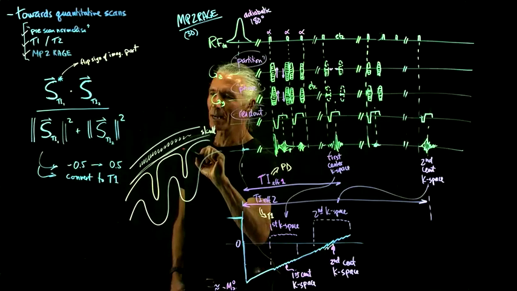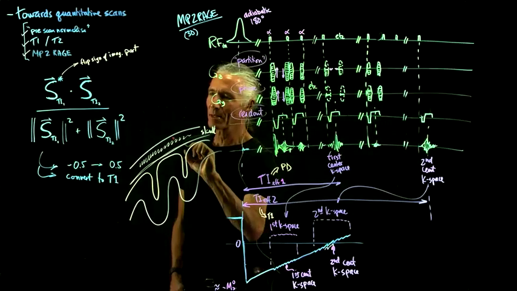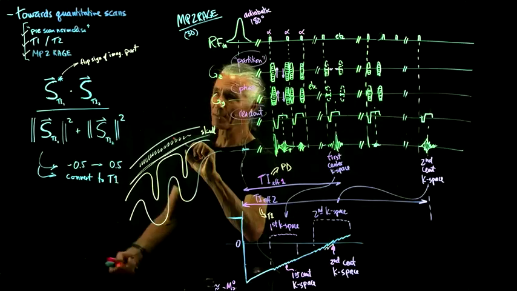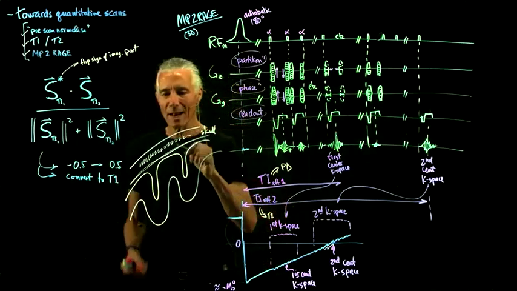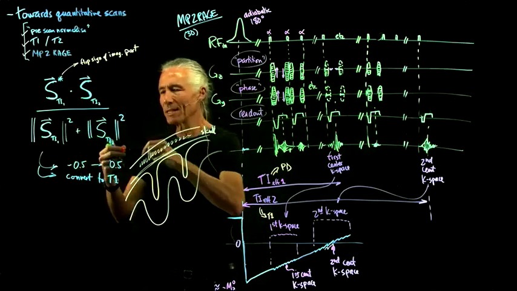It has long T2 values, so it ends up in a T1 weighted scan being black. There's a big signal coming out of the CSF, but the skull signal decayed away before I got a chance to record it. And so what happens when we do this calculation here?